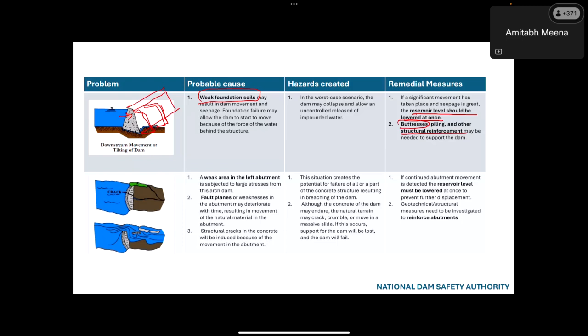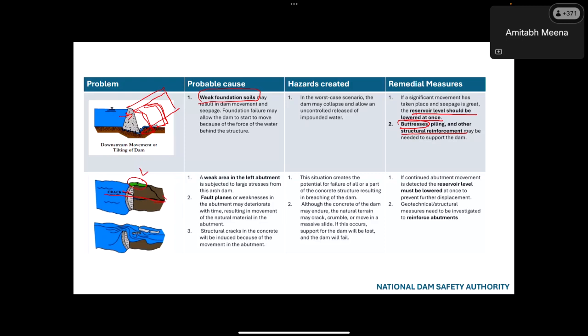In the diagram below, the second diagram, this is an arch dam, and there is a crack in between. See, this green area here is the right abutment. No, it is the left abutment. We see the left and right of the dam from the direction of the water flow, from the dam water side to the downstream side, and then we see this is the left side, this is the right side.